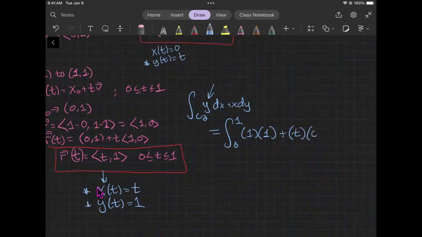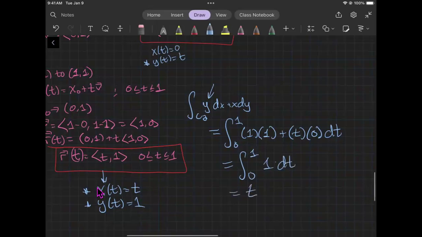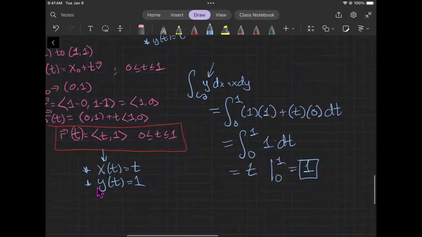Y of t is 1, so dy dt is 0, dt. And so this equals the integral from 0 to 1 of 1 times dt, which equals t evaluated from 0 to 1, which equals 1.